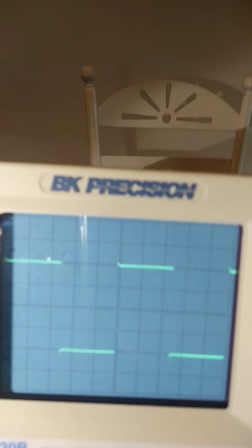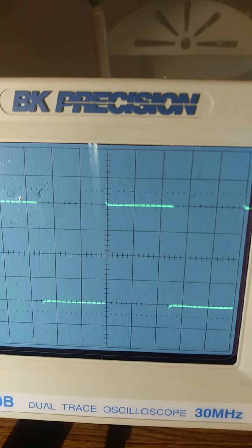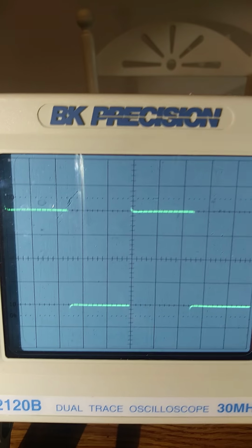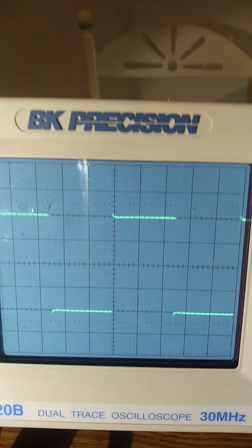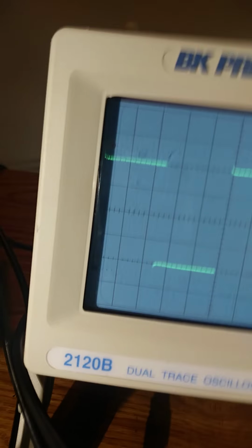So on the screen, I've adjusted the waveform to fit exactly across two. So I have two waveforms being displayed on the screen. One complete waveform covers 5 squares.